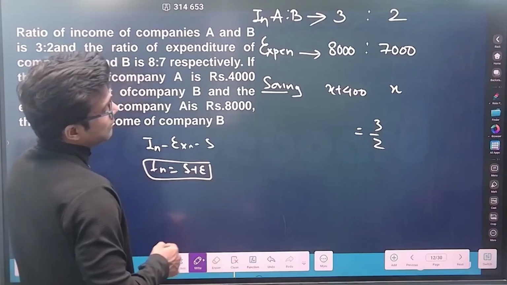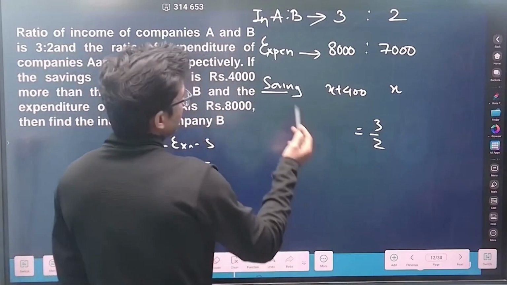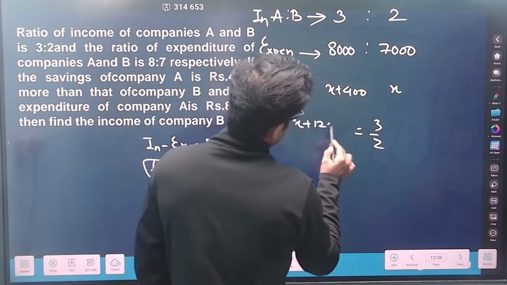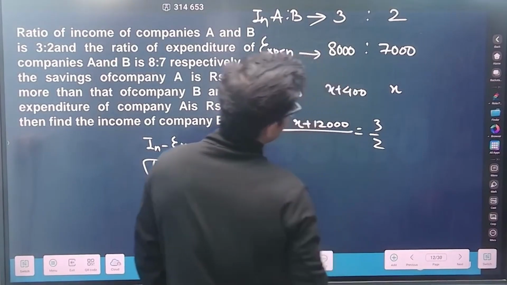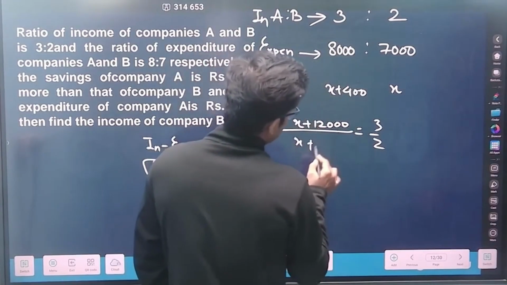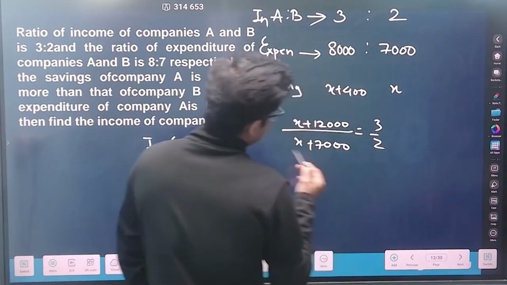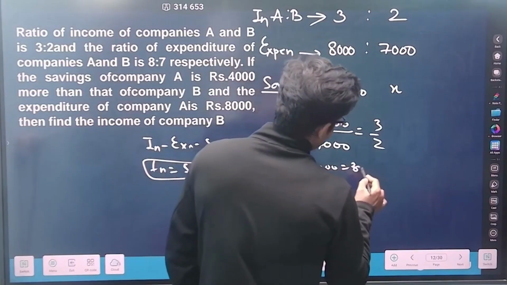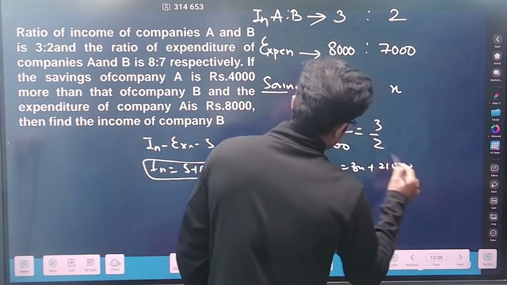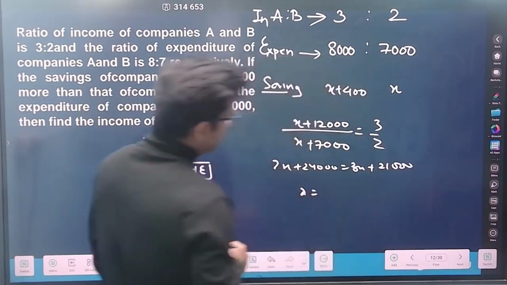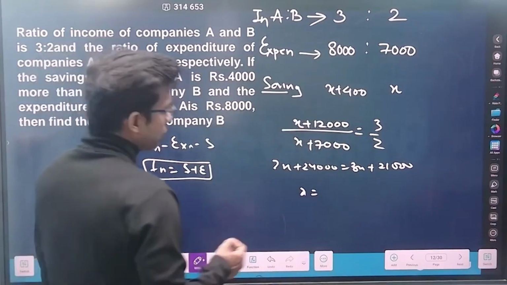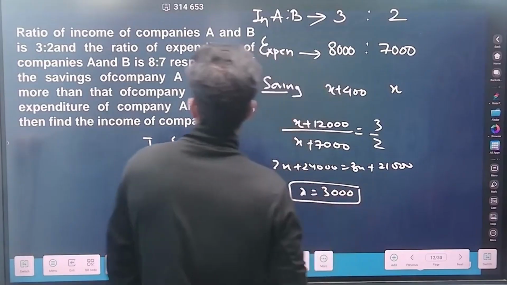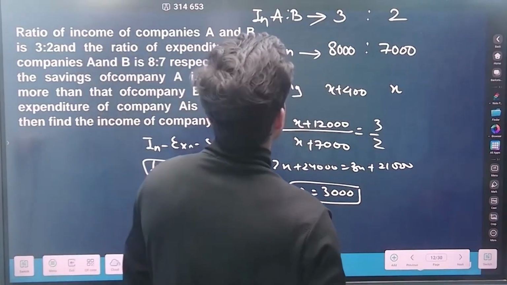So, saving plus expenditure: (x plus 4,000 plus 8,000) divided by (x plus 7,000), which gives 2x plus 24,000 equal to 3x plus 21,000. x equals 3,000. Correct. They're asking to find the income of company B.